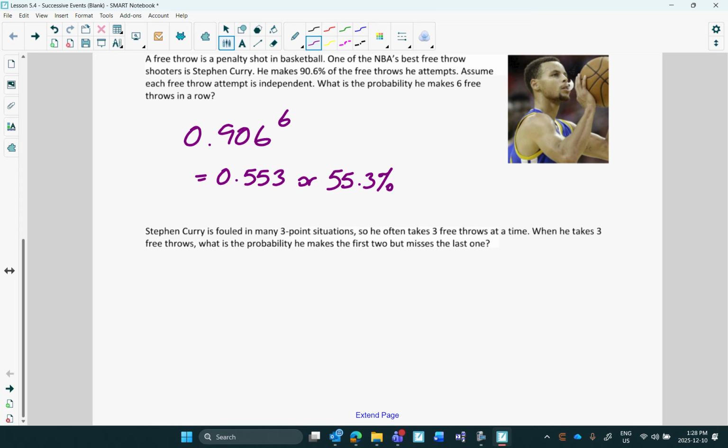Steph Curry is fouled in many three-point situations, so he often takes 3 free throws at a time. When he takes 3 free throws, what's the probability he makes the first 2, but misses the last one? Think of it this way: makes and makes and misses. What's the probability that he makes? 0.906. And makes, so square it.